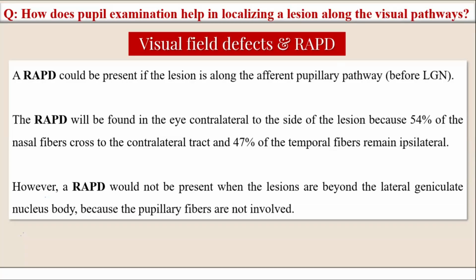The RAPD will be found in the eye contralateral to the side of the lesion because 53% of the nasal fibers cross to the contralateral tract and 47% of the temporal fibers remain ipsilateral. However, a RAPD would not be present when the lesions are beyond the lateral geniculate nucleus because the pupillary fibers are not involved.